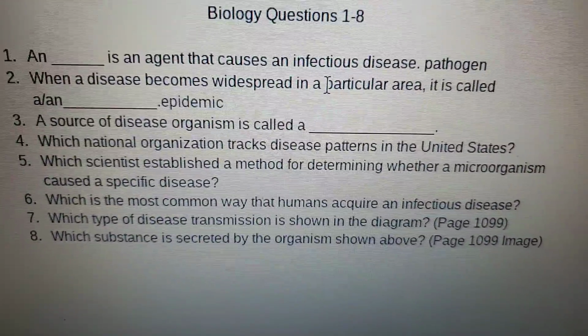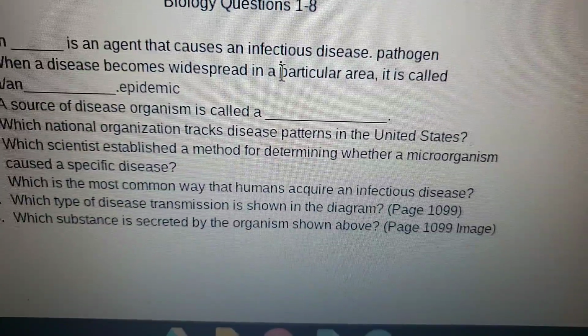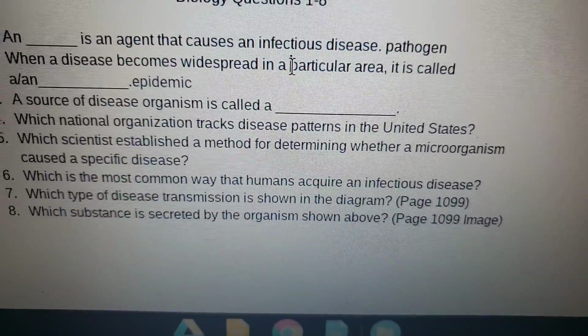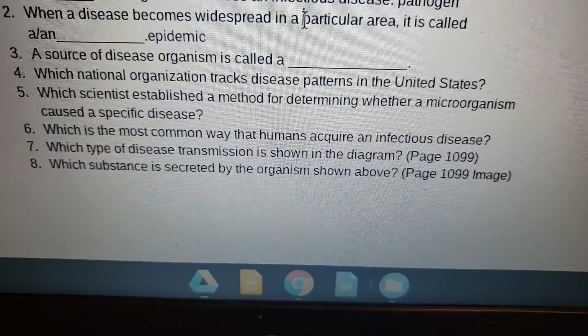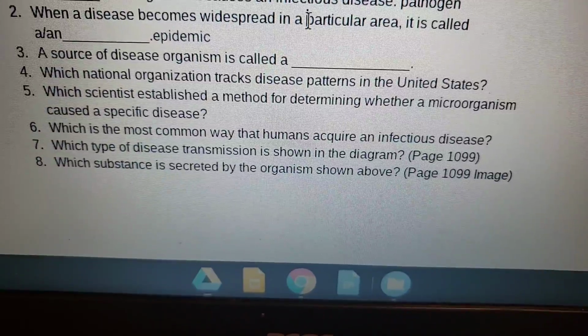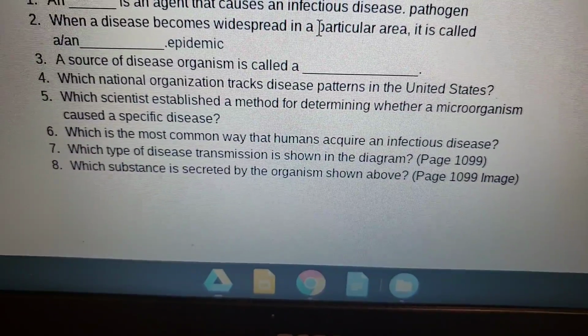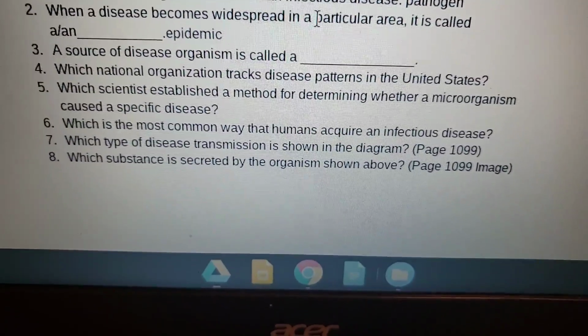I'll put it in later. Which national organization tracks disease patterns in the United States? Put the WHO. Okay, World Health Organization. What scientist established a method for determining whether a microorganism causes a specific disease? That was Koch, K-O-C-H. I'm not sure of my pronunciation on that one.